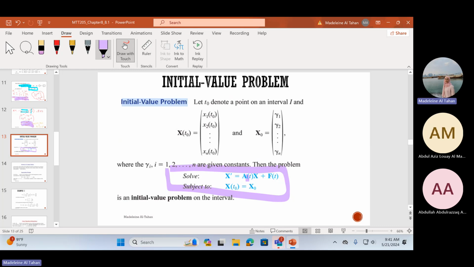Who can give us an example of an initial value problem? Let's put it as 2 equations.